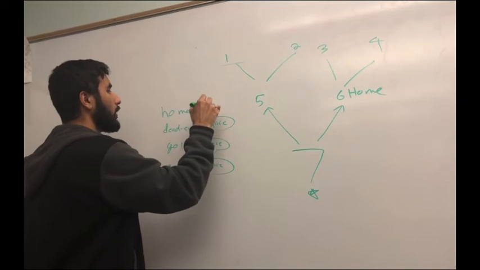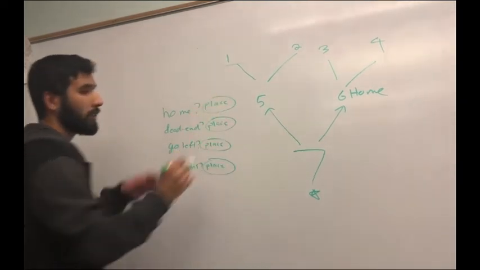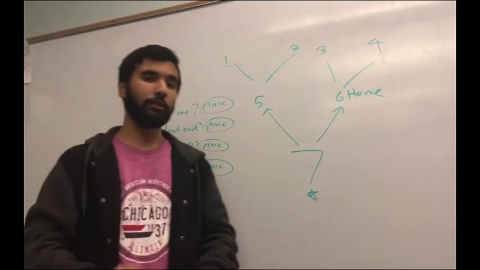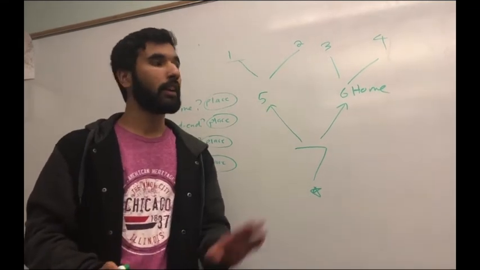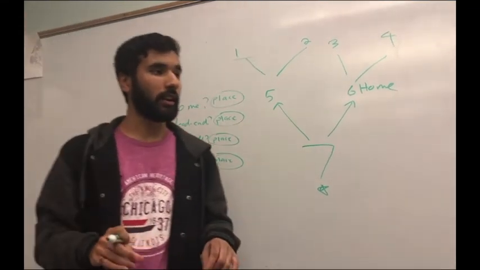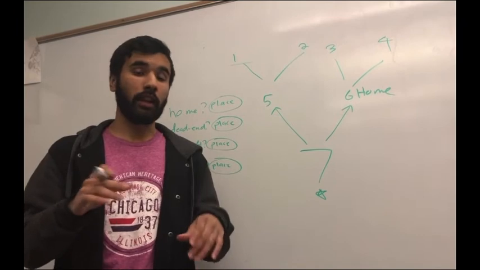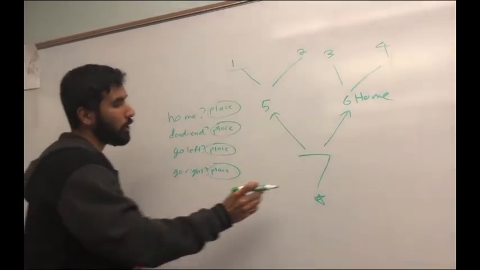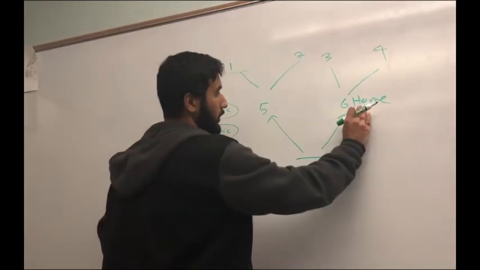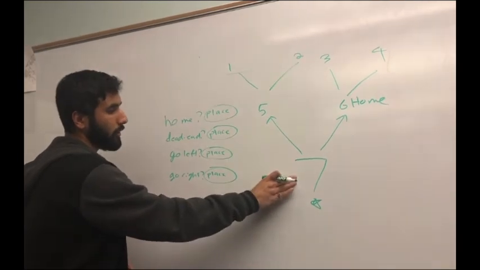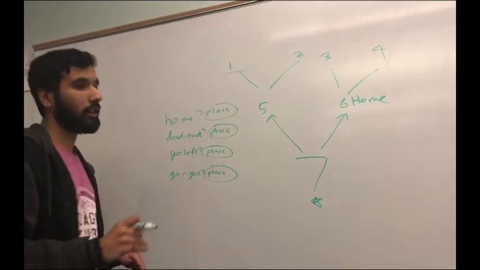Now, what do each of them do? Home takes in a place and tells you if the place you're at right now is already home. Dead end tells you if the place you're at right now is a dead end. And go right will take you from the place you're currently at to the place on the right. Go left will take you from the place you're currently at to the place to the left.